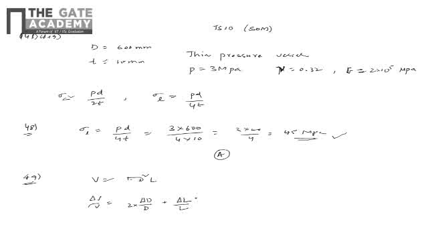Well, this can be seen. If you take a delta V, and you write V plus delta V as pi into d plus small change in the diameter, whole square, into L plus delta L, and then you expand, you will get d square plus delta d whole square plus 2d delta d, into length plus delta L. Now we take only the first order.